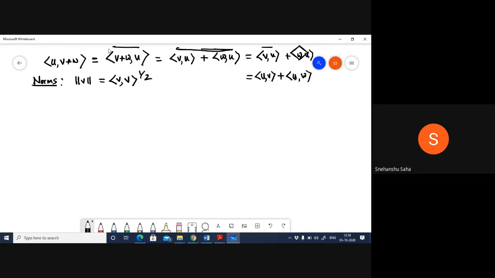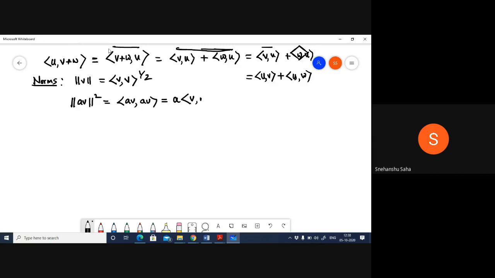And similarly, when we have something like this, by definition, this is nothing but the inner product of itself. And so from the properties of the inner product, you can take the scalar out from the first component and nothing will change.